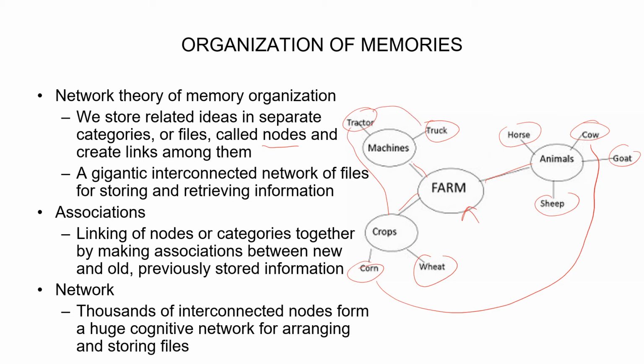The thing that I'm trying to get at here is that this picture that you had initially, farm, then crops, then specific crops, farm, then machines, then specific machines, isn't as good a way to explain it, because our network is interconnected, meaning we don't just have straight connections.